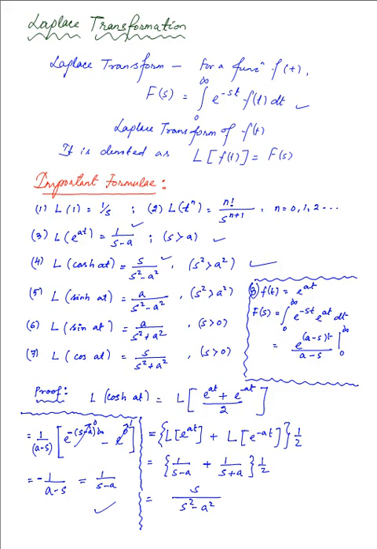And you can easily get sine, cosine, and sine hyperbolics as well. Now with the assurance that we just obtained the formulas of Laplace transform, we might probably look into some of the properties of the Laplace transform to start with.